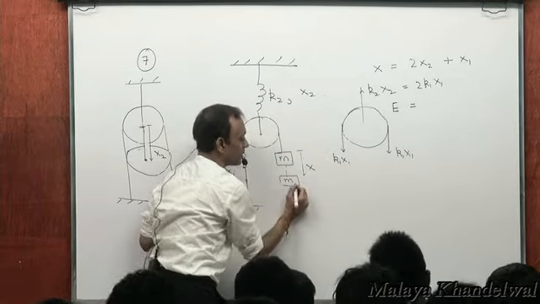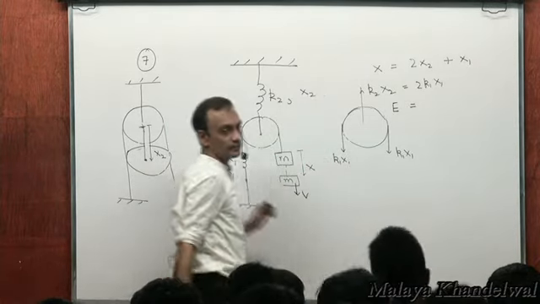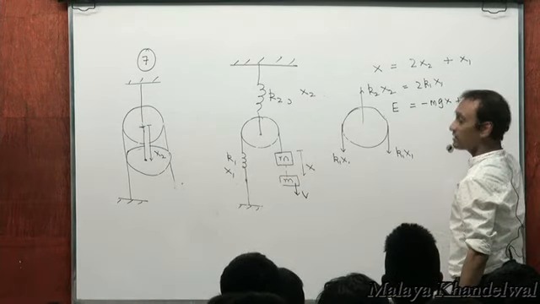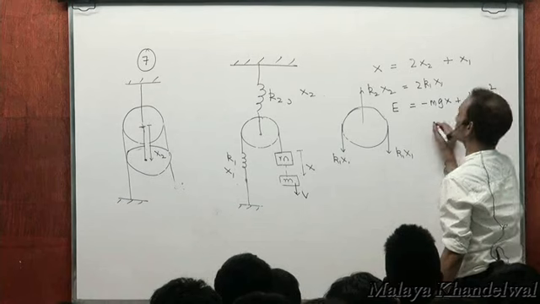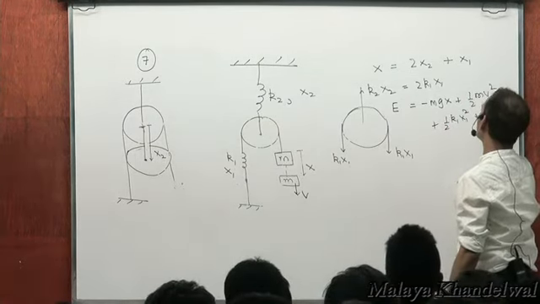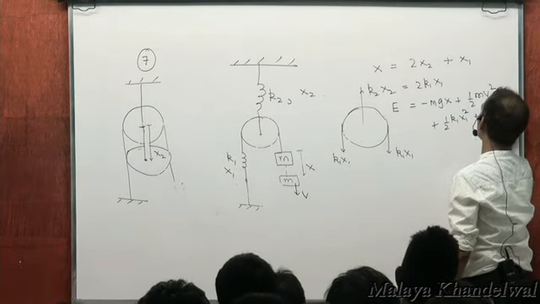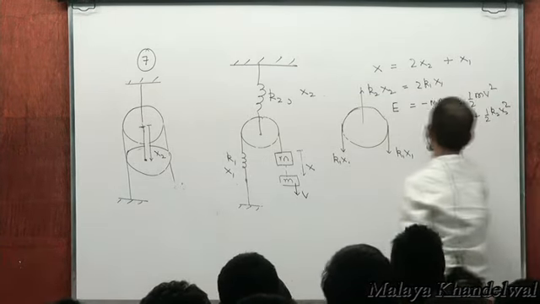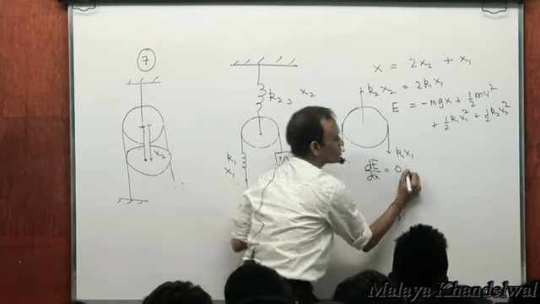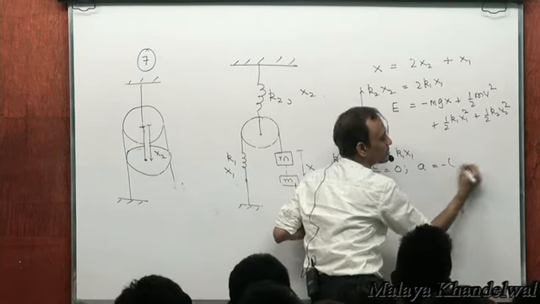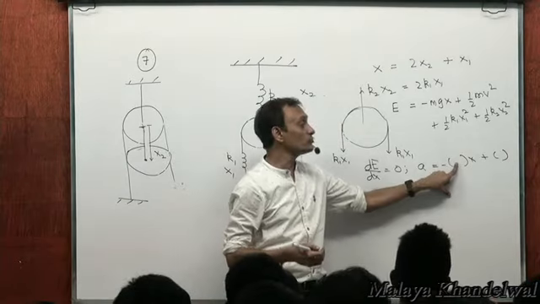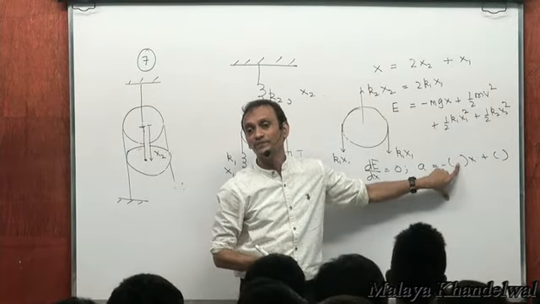If this moves down by an amount x and it gathers a velocity v, energy would be minus mgx plus half mv squared plus half K1 x1 squared plus half K2 x2 squared. When you differentiate this, dE/dx must be 0, which would give you A equal to minus of something into x plus something. This something would be omega squared, the omega of oscillation.